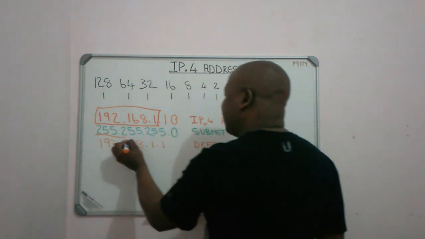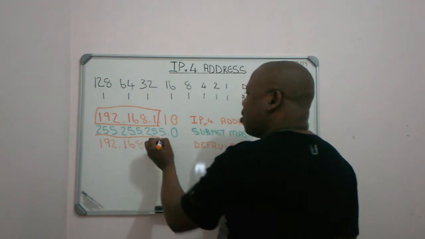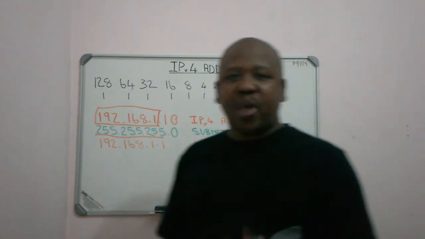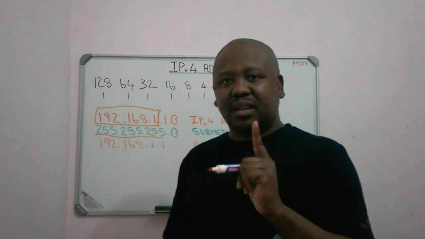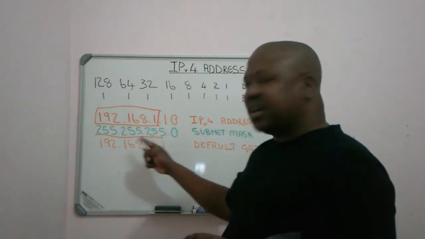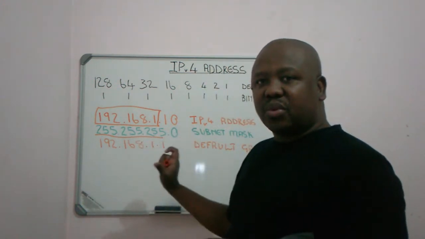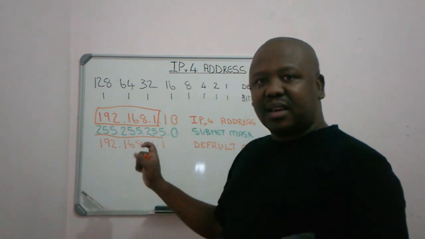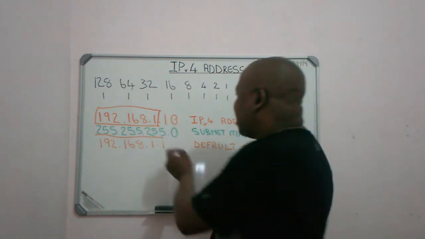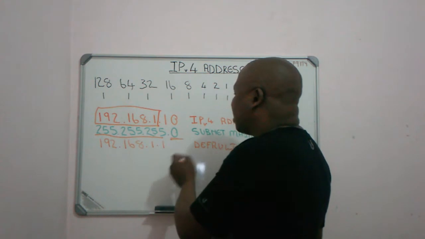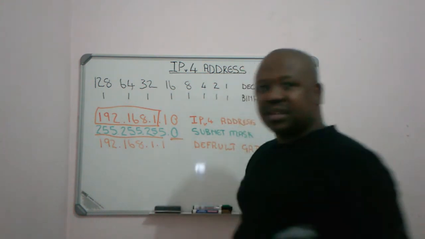Where you see 255s, or in binary, where you see 1, it represents the network. And when you see a 0, it represents a host. Our 0 represents the host.